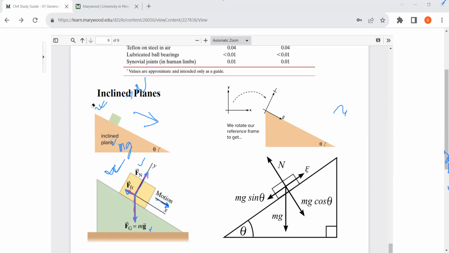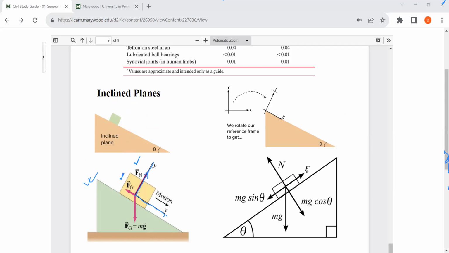Now the only problem here is, if you look at this one, this is our y-axis and this is our x-axis. This is okay because the normal force is along the y-axis and the friction force is along the negative x-axis.